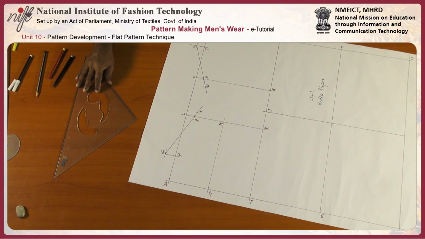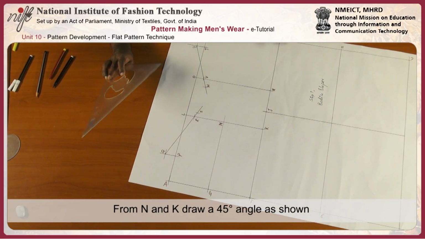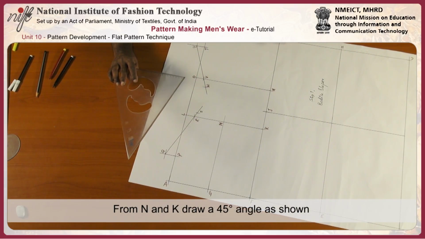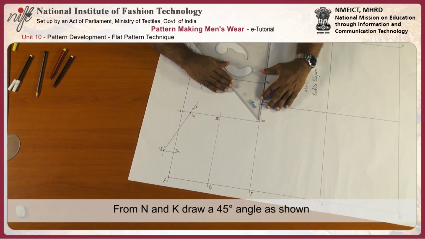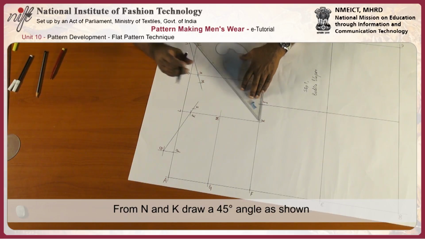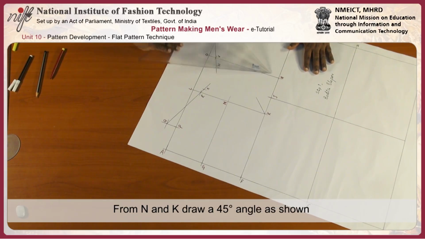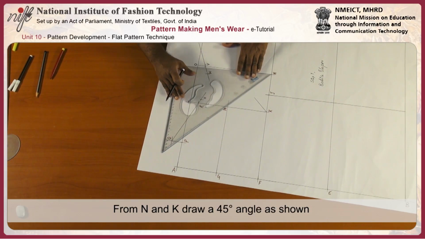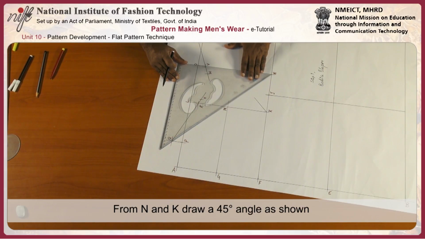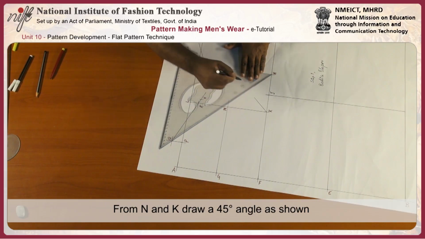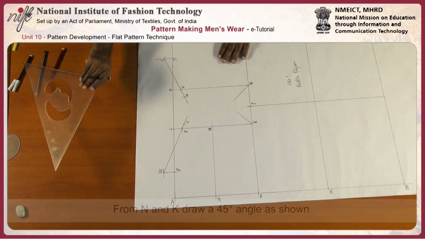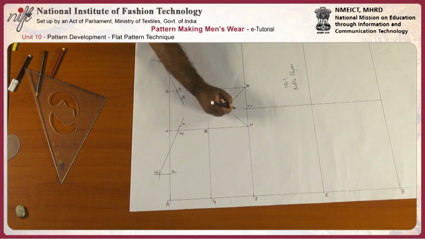Now from point N and K, draw a 45-degree angle, from point K and point N, as shown in the demonstration. It should be a 45-degree angle.